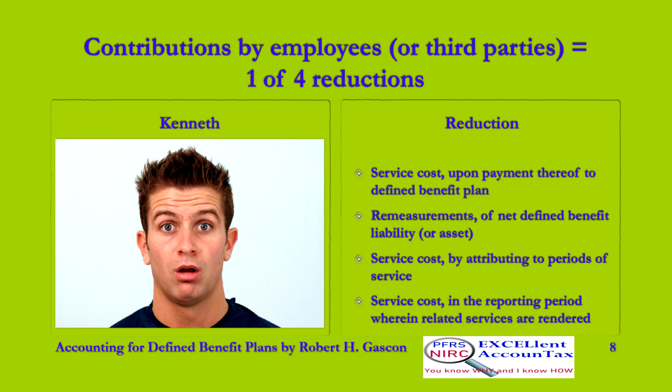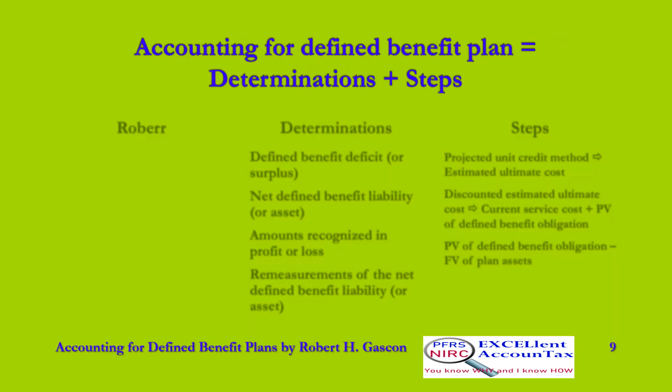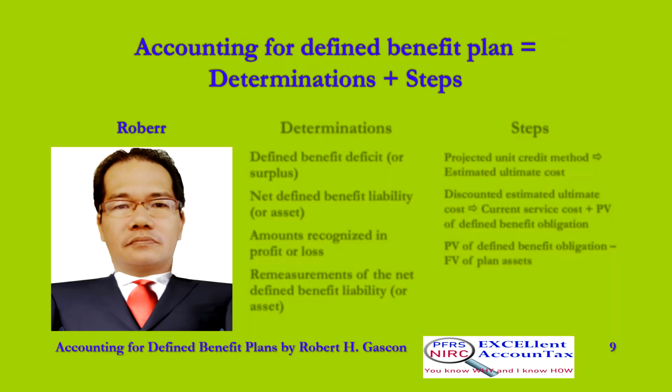Having ascertained the accounting for defined benefit plans, we now review what we recently studied. You listen to me. For each material defined benefit plan, accounting requires determination of these items.